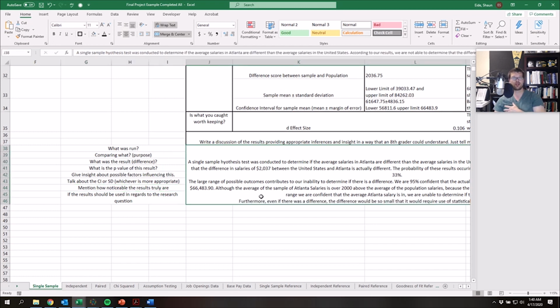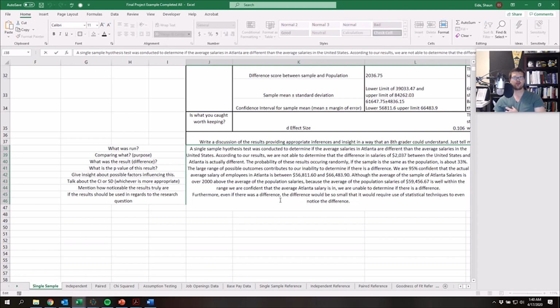And then, in regards to the research question, these results were not able to indicate that there was a difference between the average salaries in Atlanta and the United States. Okay, and the nation.